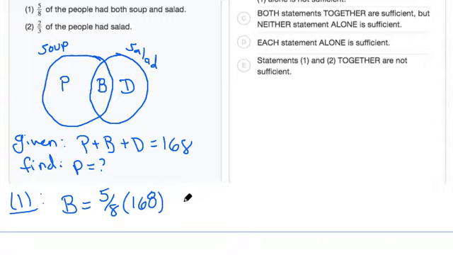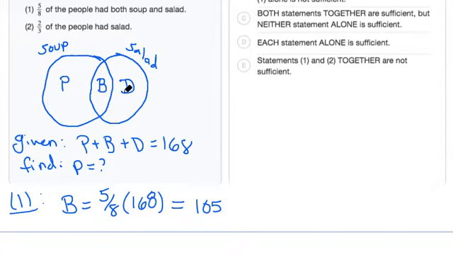If we worked this out to simplify, we would end up with B is 105. Now, even though we know the value of B, we have no other information to find D. And if we can't find D, we wouldn't be able to find P. So this statement alone is not sufficient. Just knowing the middle portion is not enough information to be able to find P.